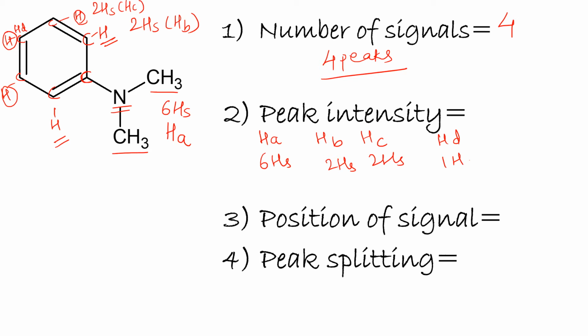So the longest peak would be the peak of HA. Then these two will have similar peak intensity, and the smallest would be HD because it represents only one hydrogen, and this will be longest because it represents the 6 hydrogens.